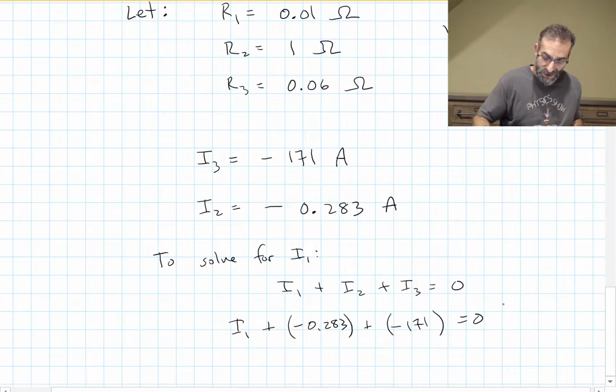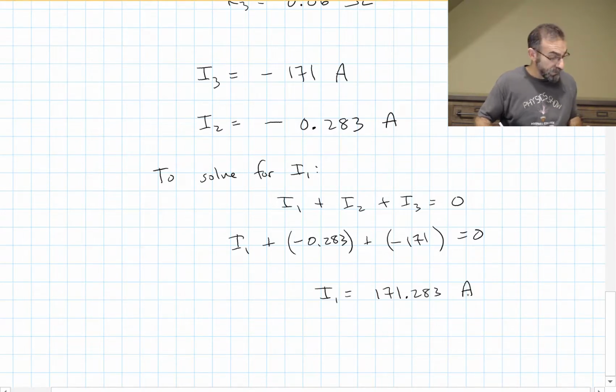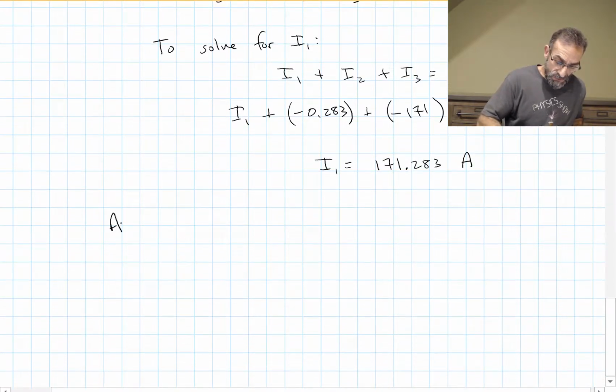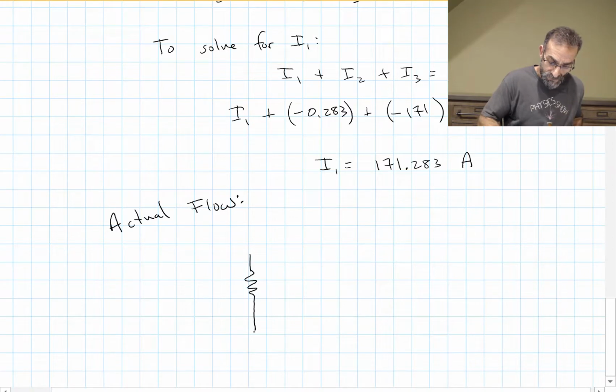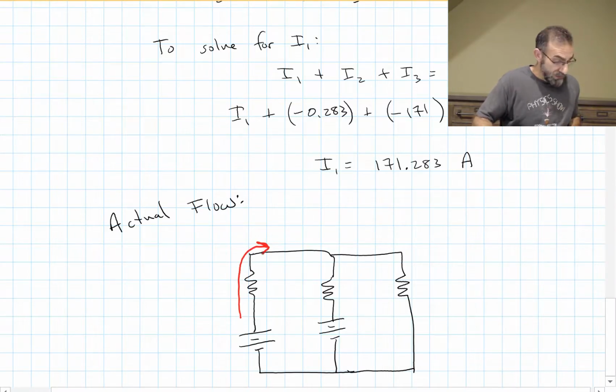And now I can solve for I1, and I get a positive 171.283 amps. So that tells me the actual flow. The actual flow in this circuit was current going up this way, down here, and down there.